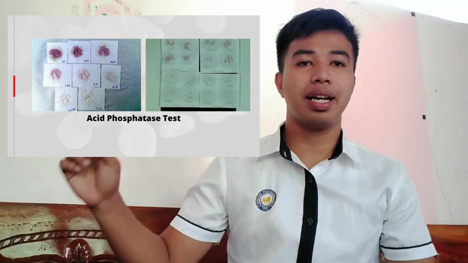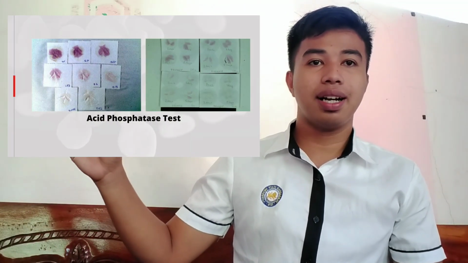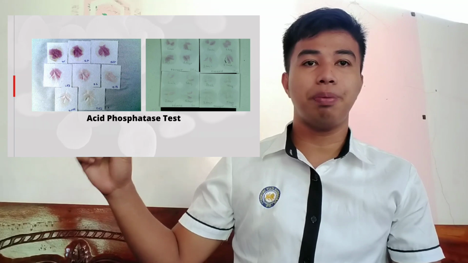So as you can see in the image, these are the different features of seminal fluid. So the second test is the prostate specific antigen. It is also known as P30, a glycoprotein produced by the prostatic gland and secreted into seminal plasma.